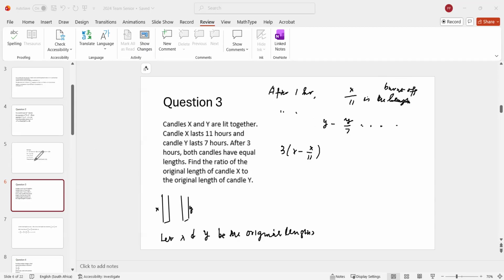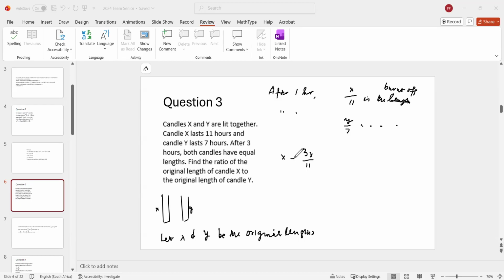And the same thing with... Right, so after 3 hours, how much is burnt? I'm going to be just careful here. I think after 3 hours, you will have 3x over 11 burnt off.